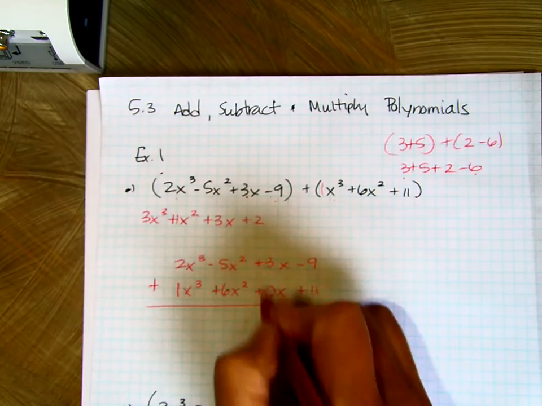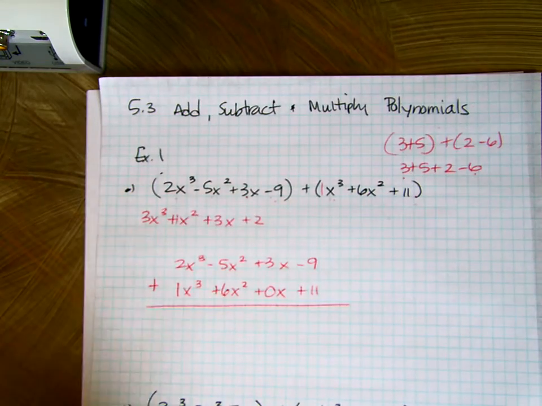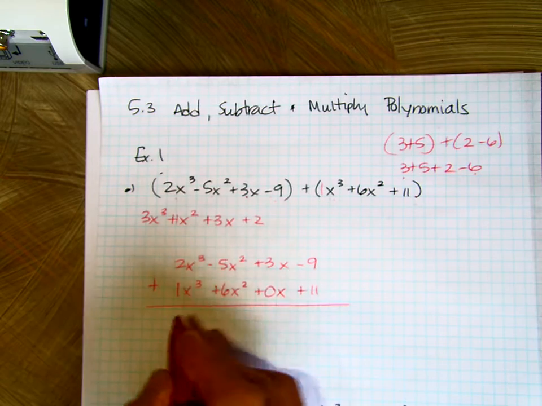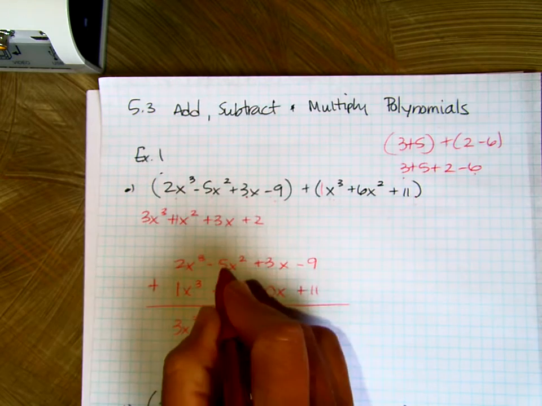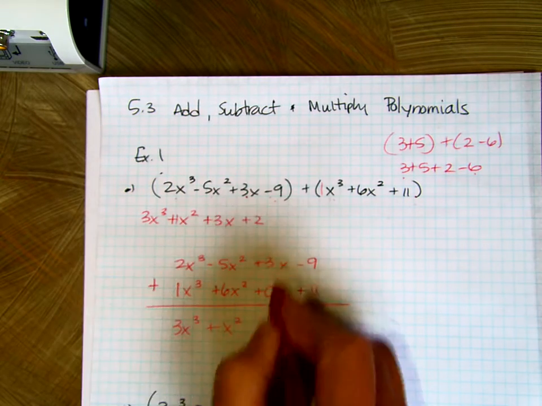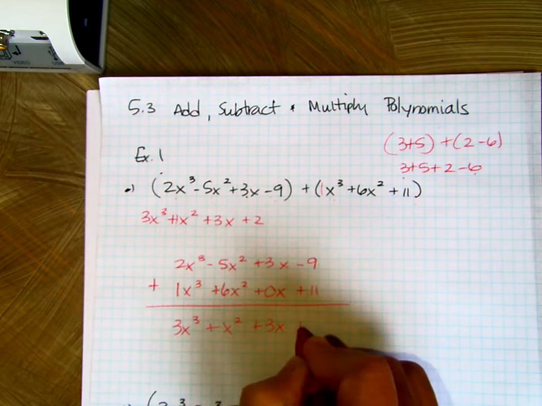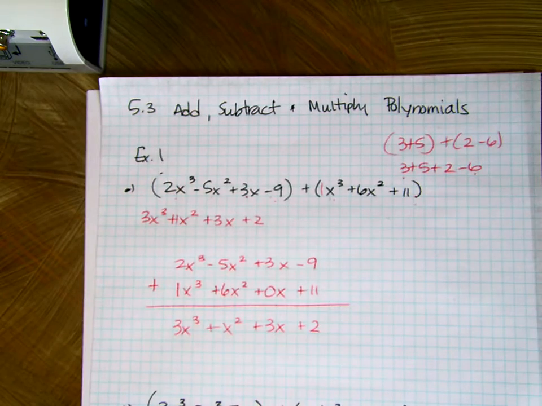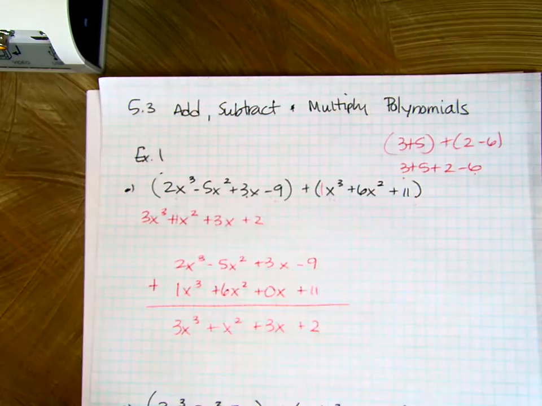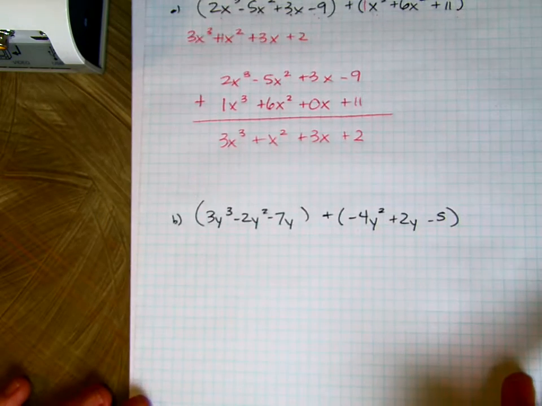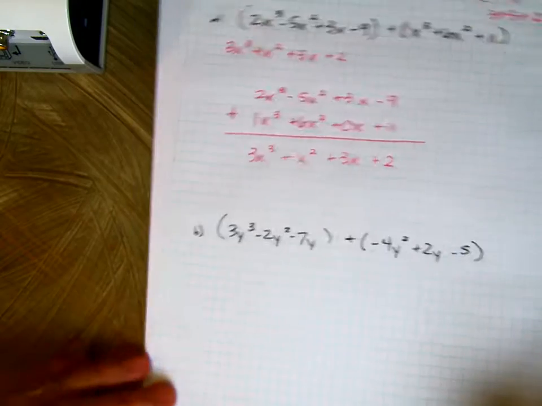So now everybody's in their place, and a 2x cubed plus a 1x cubed is a 3x cubed, x squared. So vertically is pretty nice, keeping everybody in line if it's a little harder for you to see it horizontally. This is an addition. Yeah, so another addition.